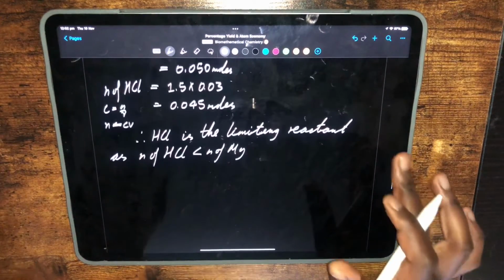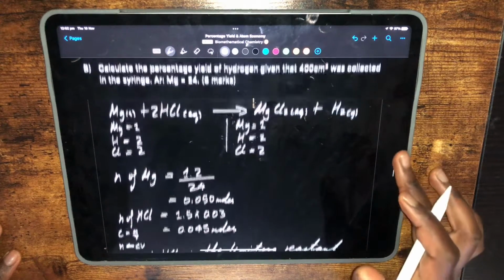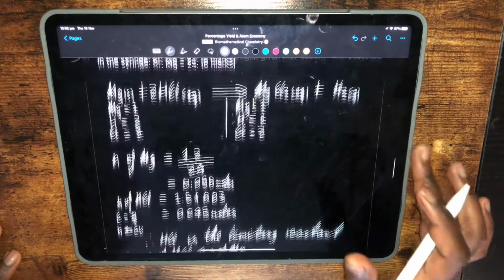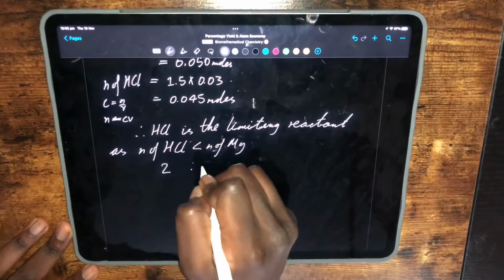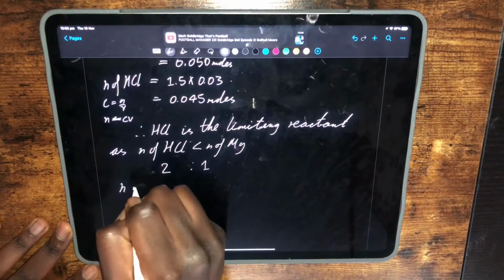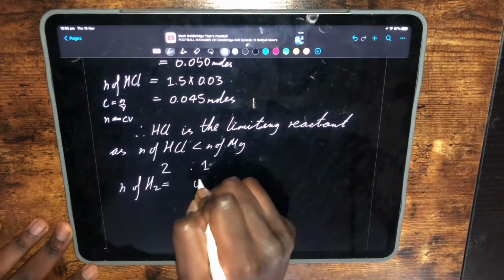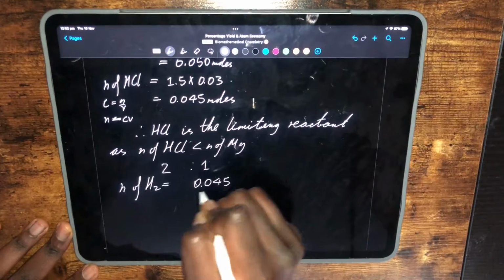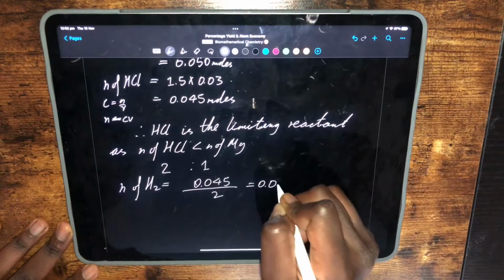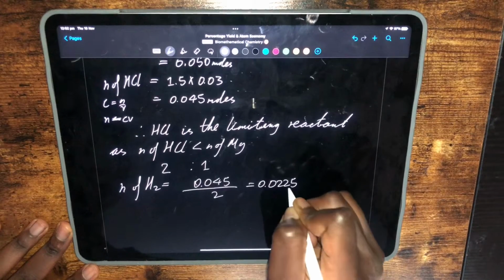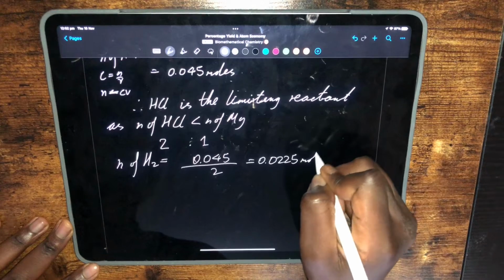Alright, cool. Now we know that HCl is our limiting reactant. We need to find the moles of H2. So moles of H2 is a 2-to-1 mole ratio, right? Moles of H2 is equal to 0.045 over 2, which is equal to 0.0225 moles.